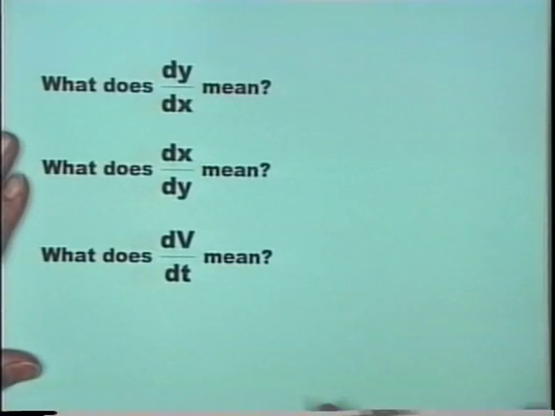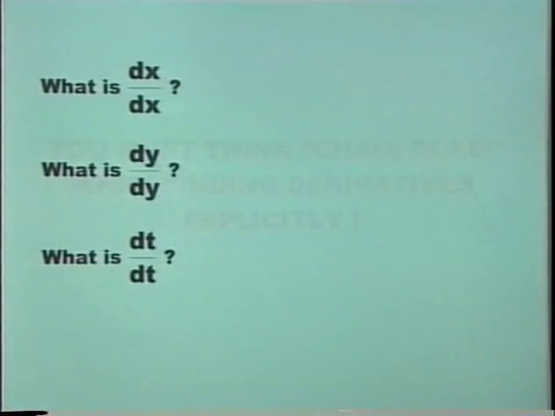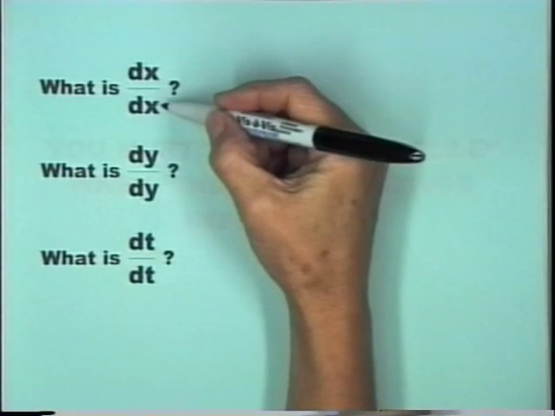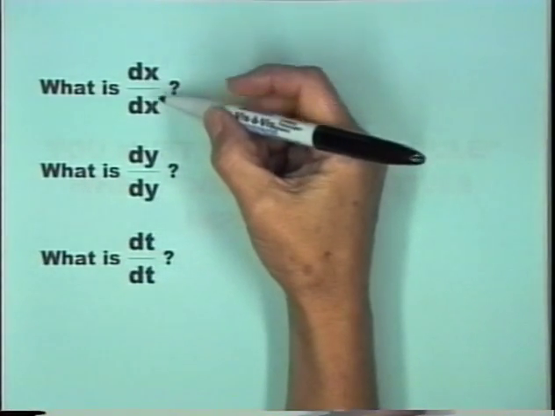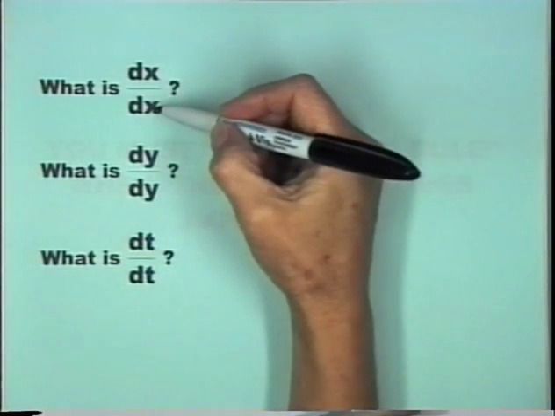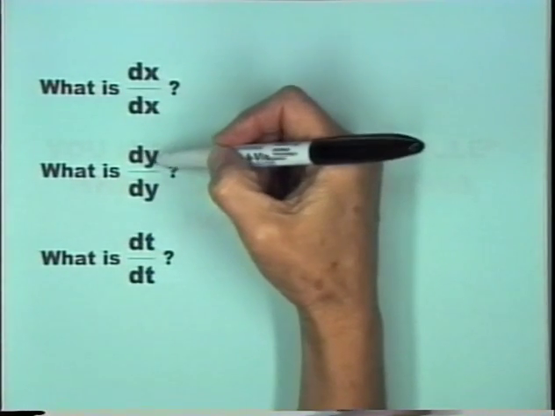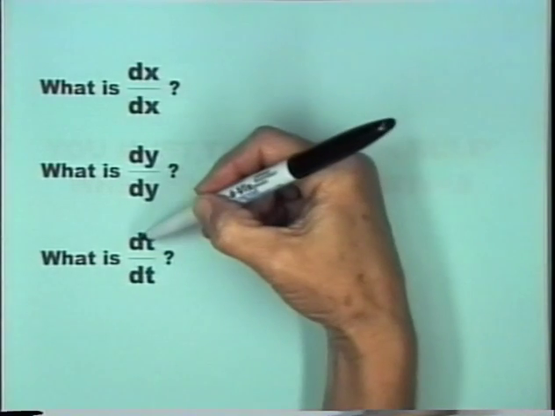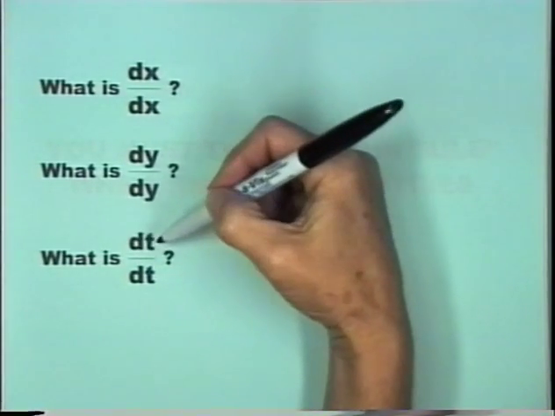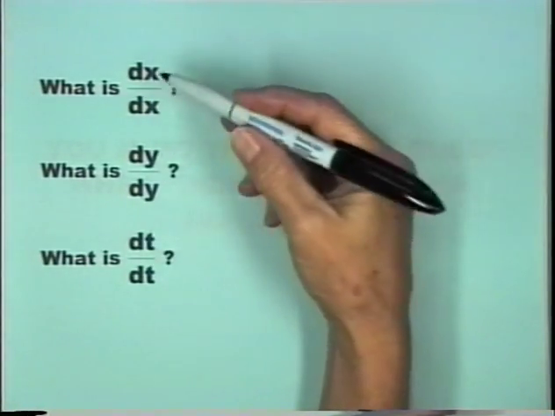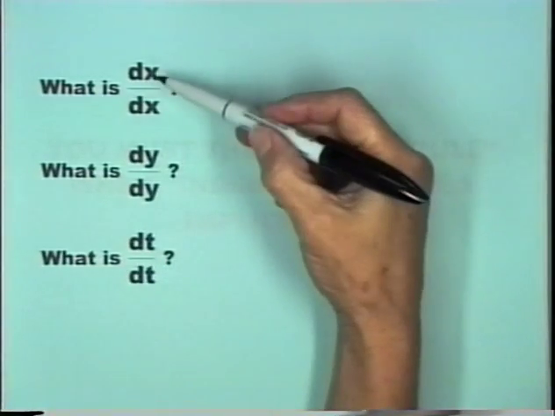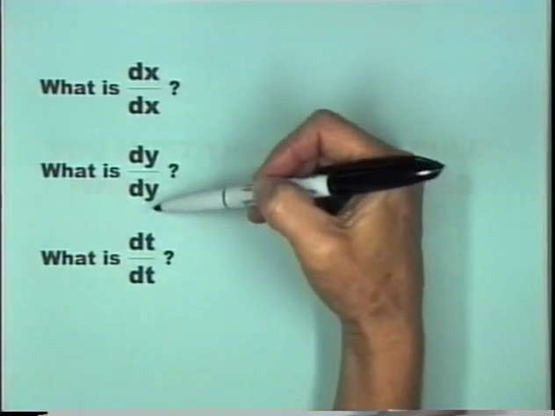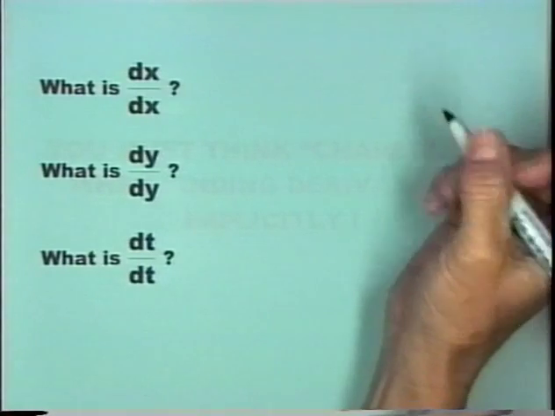Now, I also wanted to put up these examples. What is dx dx? The derivative of x with respect to x. What is dy dy? The derivative of y with respect to y. What is dt dt? The derivative of t with respect to t. You'll notice the thing these all have in common is you have the same variable in both the numerator and denominator.